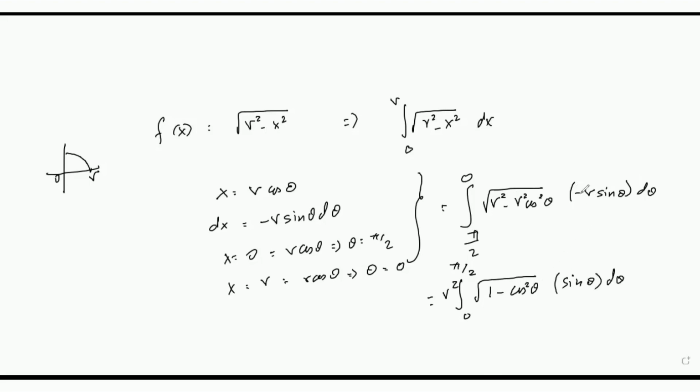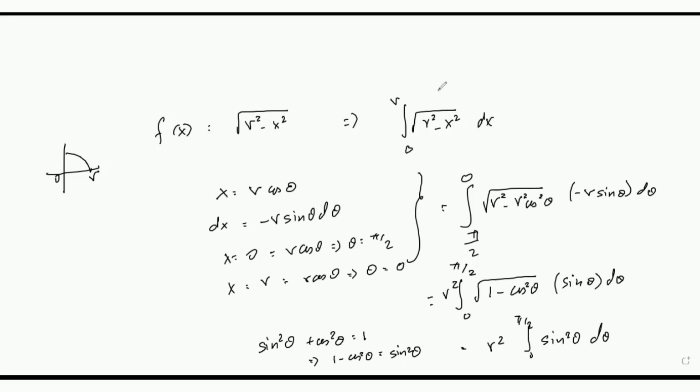I've taken the negative sign and flipped the order of the limits, which is essentially doing the same thing. We know that sine squared theta plus cosine squared theta equals 1, and therefore 1 minus cosine squared theta is sine squared theta. So we can write this as r squared times the integral from 0 to pi over 2 of sine squared theta d theta.